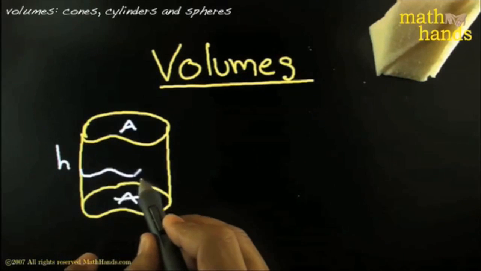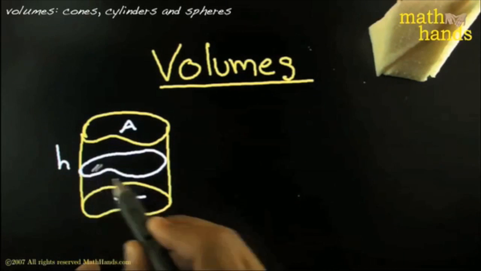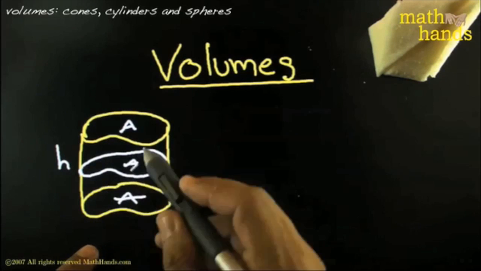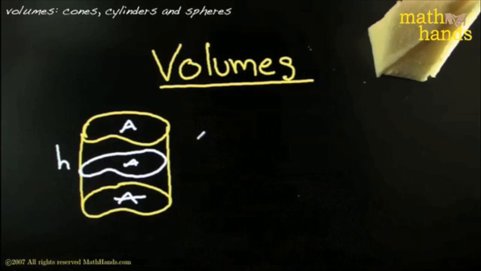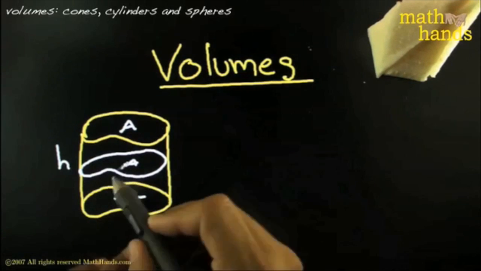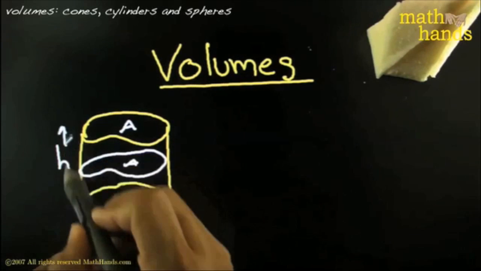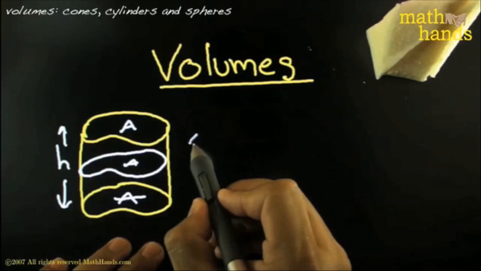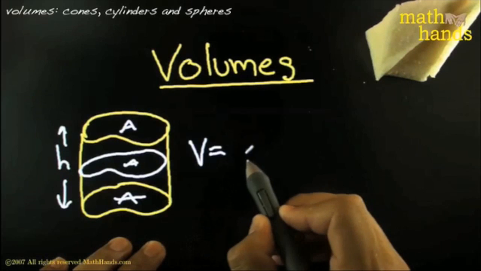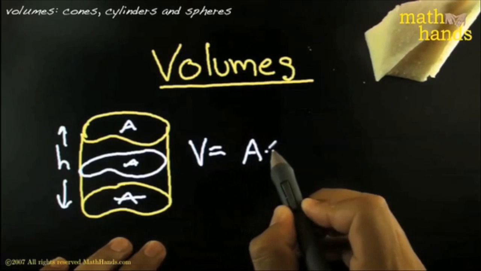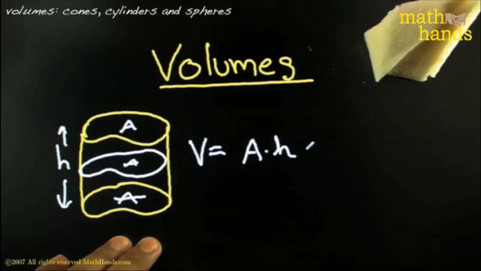If you were to take any cross section in the middle, they're all identical. So when that happens, we call that a cylindrical shape. And we will define volume for such shapes as follows. The volume is equal to the area of the cross sections times the height.